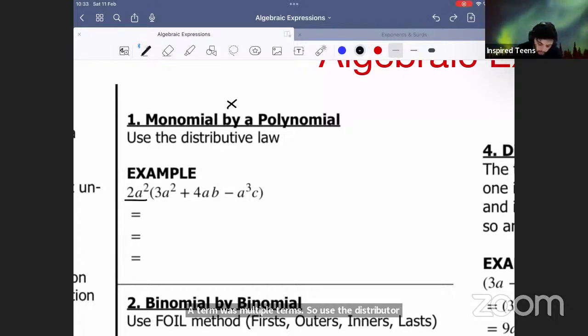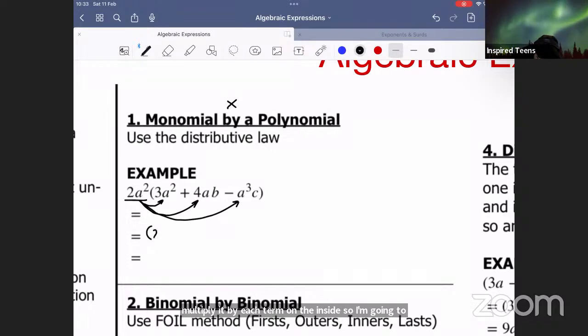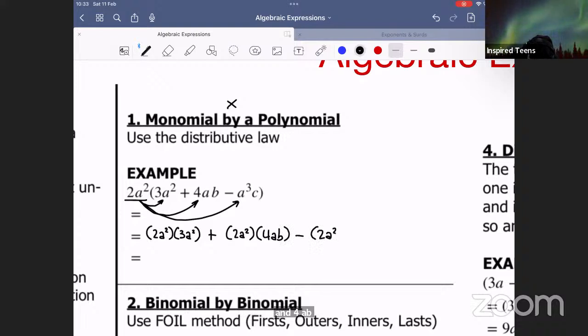Distributive law states that I take the multiplication outside and multiply it by each term on the inside. So I'm going to say 2A squared times 3A squared, plus 2A squared times 4AB, minus 2A squared times A cubed C, because remember, it's positive times negative.